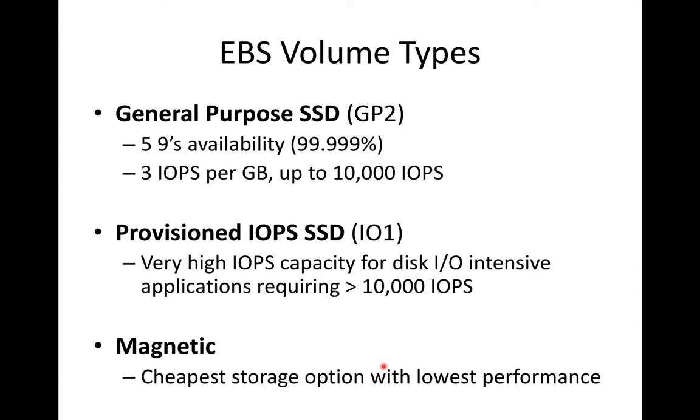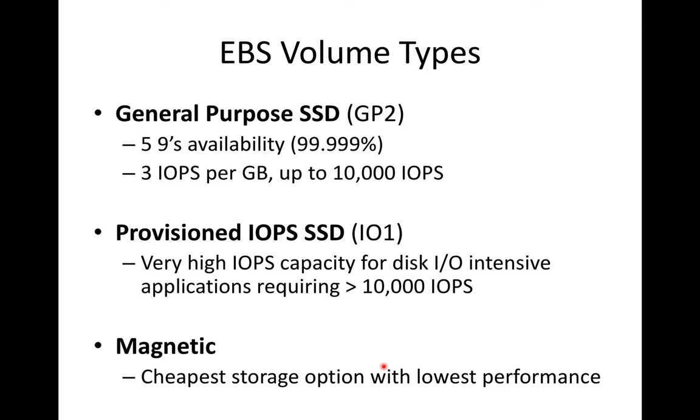GP2 storage provides 5 nines availability, and it provides a significant number of IOPS, which are IO operations per second. Essentially, the more IOPS, the faster your storage performs. If you have a high-end database that has to do tons and tons of transactions, you would want to make sure that database is running on storage that supports a significant number of IOPS.